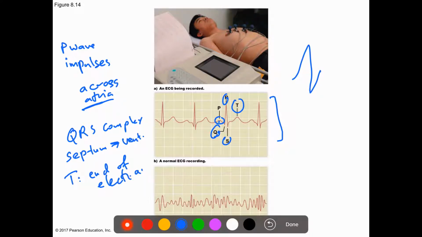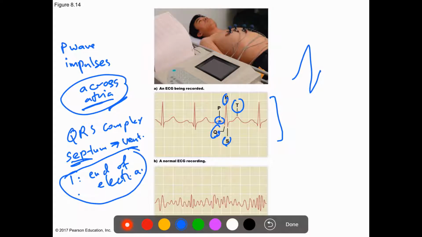Okay, so P, QRS, T. P, as we said, means that the impulses are running across the atria. QRS, that the impulses are running through the septum toward the ventricles. And the T wave indicates that the electrical signal has ended in the heart. Now, ECG also can detect irregularities, as you can see here in this image.